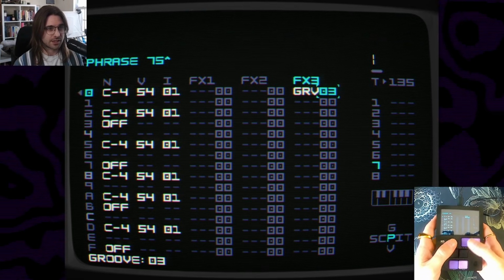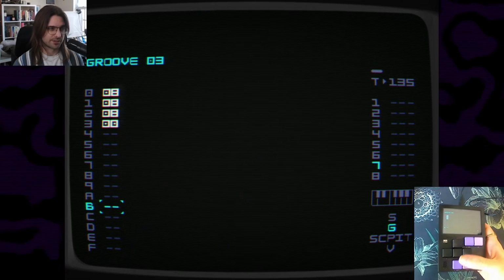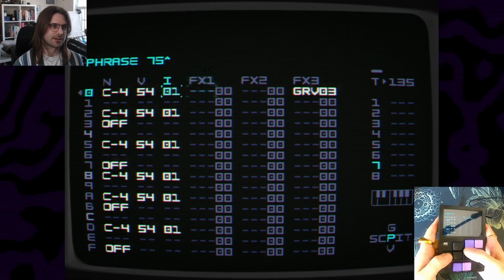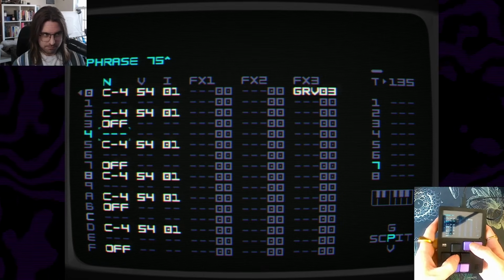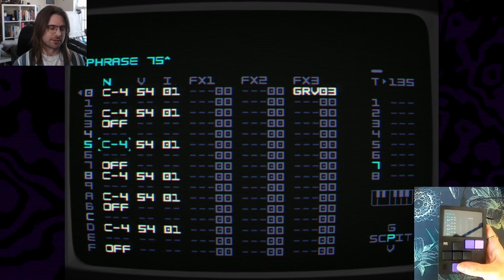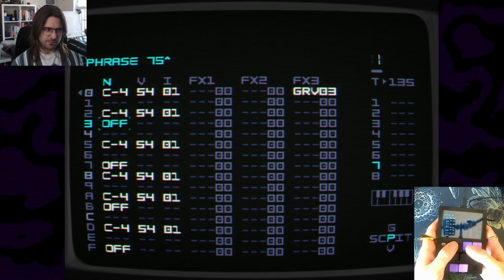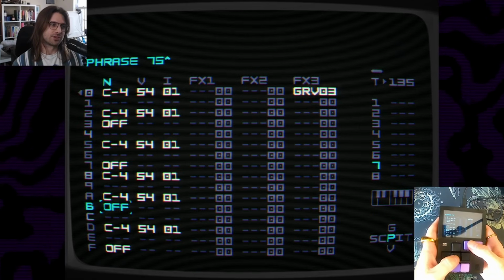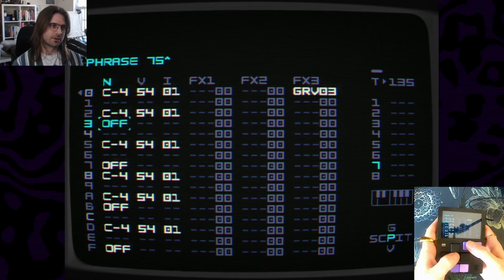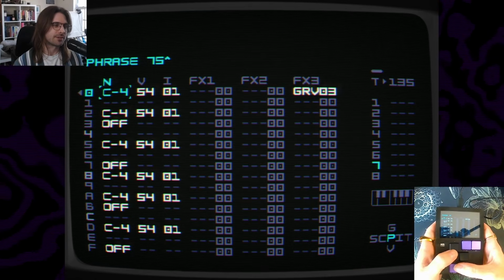I'm still using the groove 03, so it's still the 8 ticks, but because I have them spaced out, they're just twice as long, effectively making them quarter note triplets. This off command is highlighting which steps are being skipped.